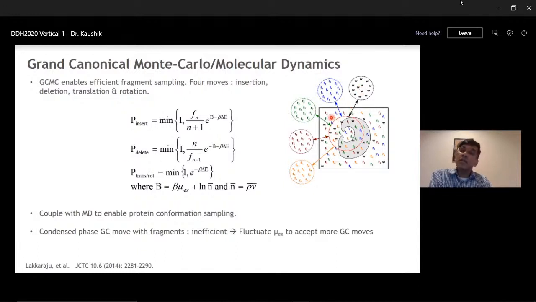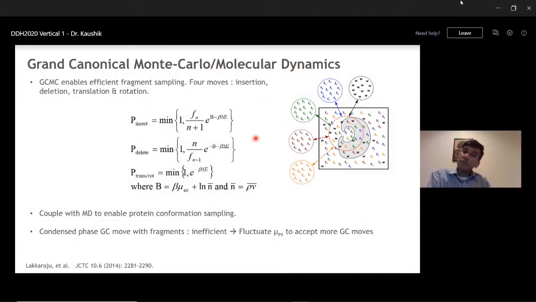A deletion is the same thing, except that now you're moving the fragment from the site of interest back into the gas phase reservoir. So if a probe molecule of interest doesn't like a given site on the protein, then the delta E would turn unfavorable, and it would prefer to go back into the gas phase.